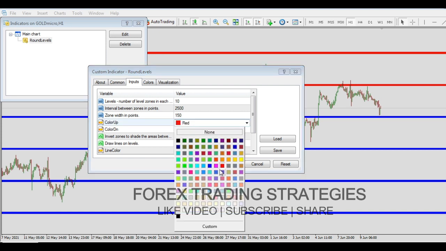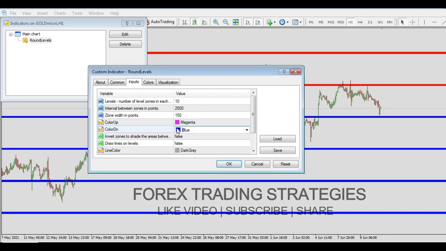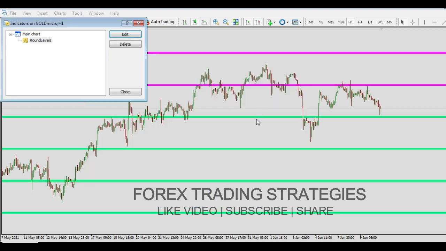You can change these colors to suit whatever you want. Each time price comes here and does not go through or bounces here, it automatically tells you that we have got support here. We now need to be looking only for buys. Resistance there, we need to focus on selling.